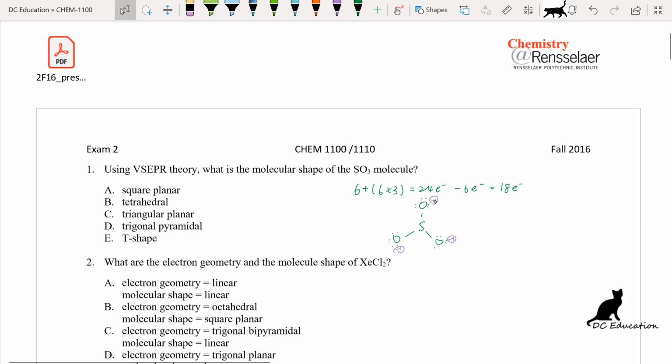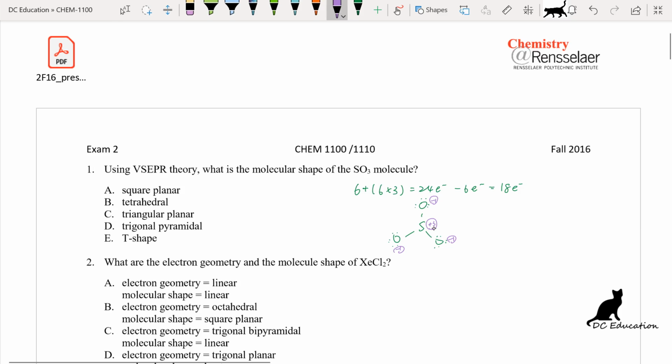And then sulfur initially has 6, and now it has 1, 2, and 3. So it's 6 minus 3, which equals a positive 3 on the sulfur. Apparently the formal charge distribution of this particular molecule doesn't look good, so we need to make some changes to make it look better.